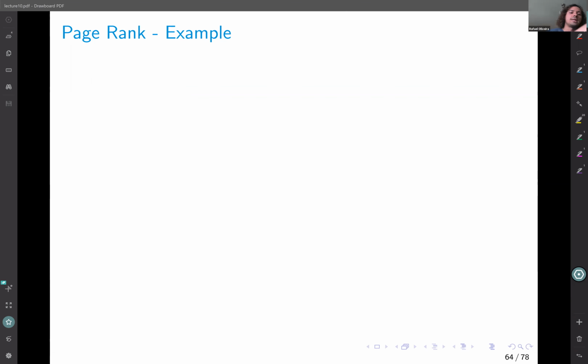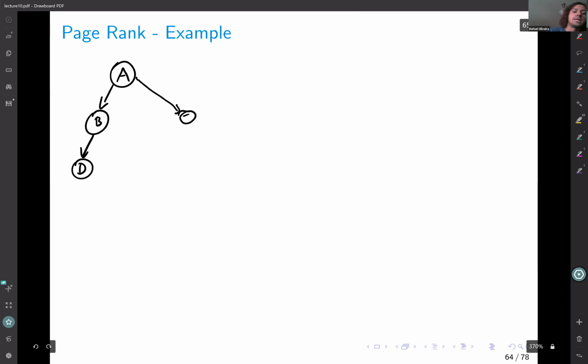Suppose that I have a page A, and this page A links to page B, and this page B links to page D, and A also links to a page C, and B links to a page E, and then D and E both link to a page H, and C links to the page F, and C links to the page G.